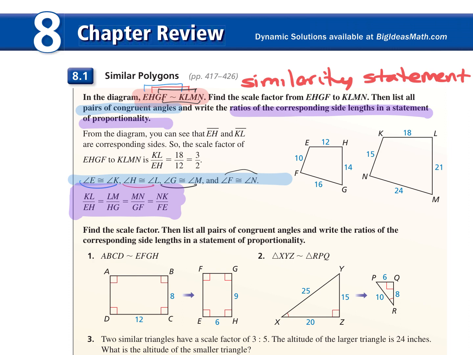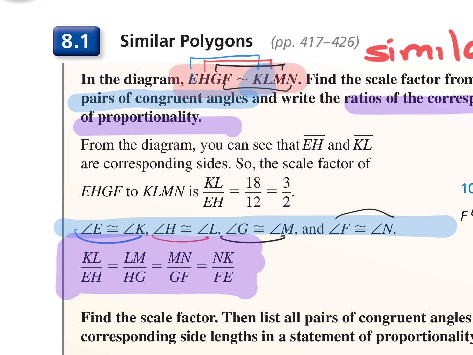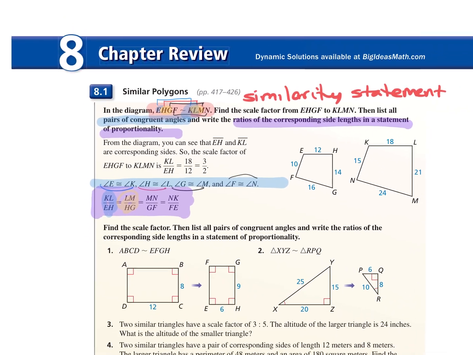So for example, the first two letters here, KL, in the statement are going to match with EH. And that's what was put right here in this statement of proportionality. The order that you put those fractions in there, or those ratios, it doesn't matter. Then the next fraction was the LM, which was the second and the third letter. So LM matched with the HG. And so on. So this is your statement of proportionality. You did that on the quiz as well.